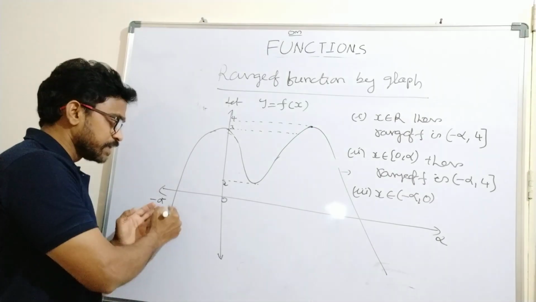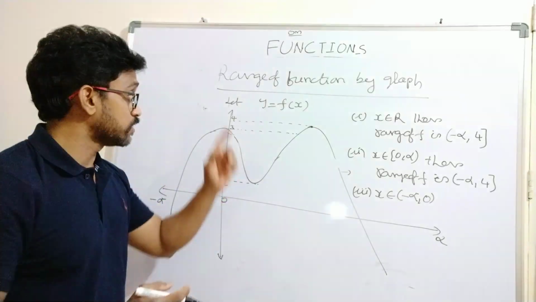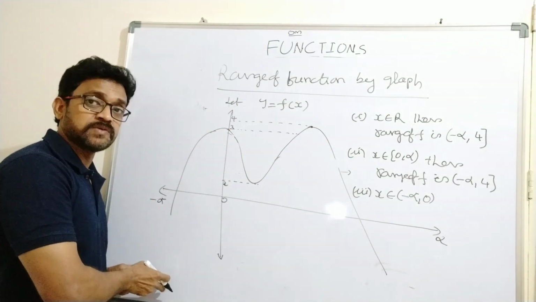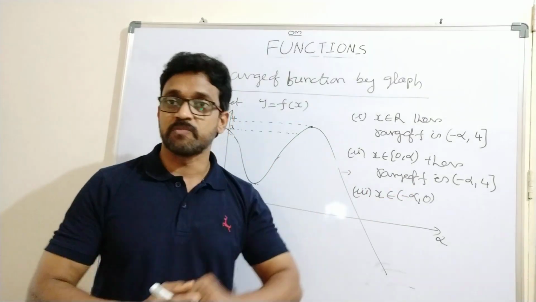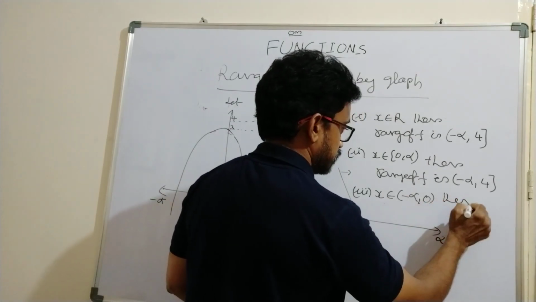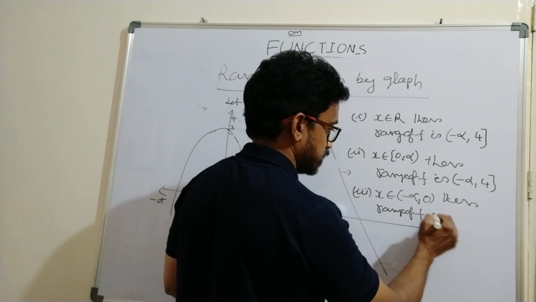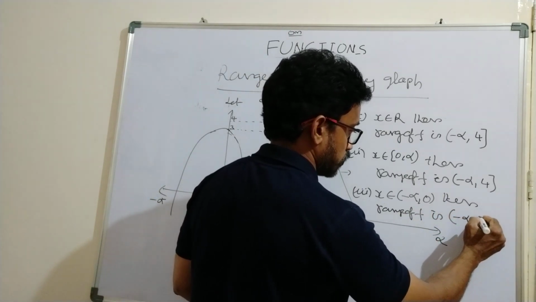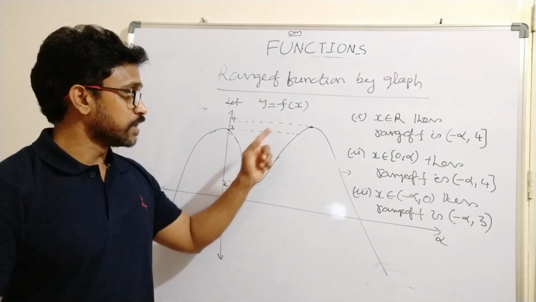That's why in this domain, the maximum possible value of f is what? 3. And the minimum value tends to minus infinity. That's why the range of this function in this domain is what? Then the range of f is left open, right closed, minus infinity comma 3 is the range of this function.